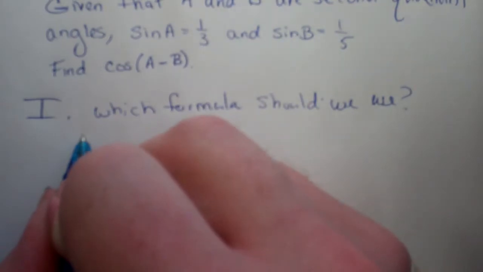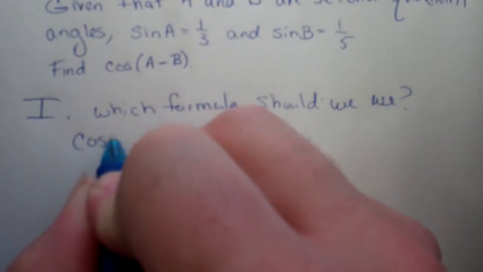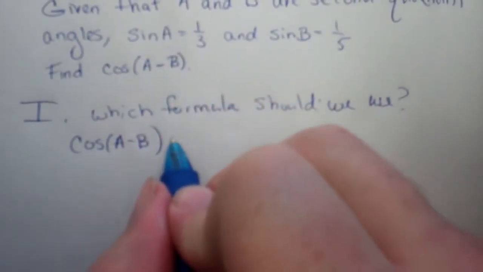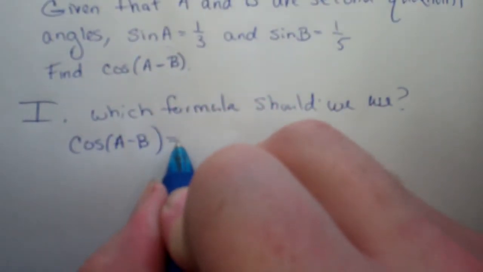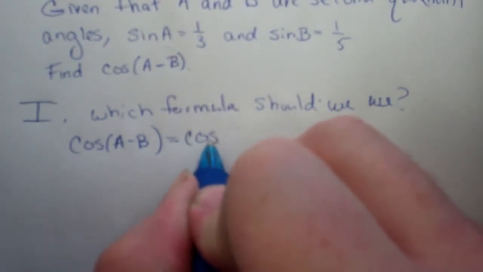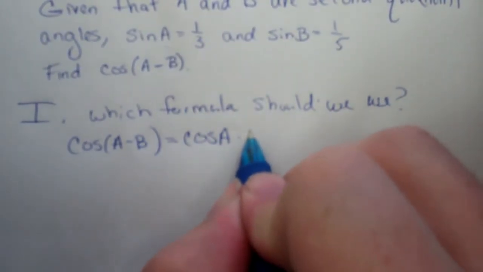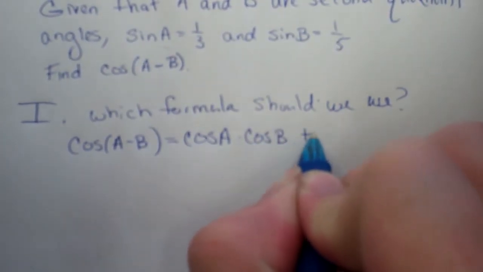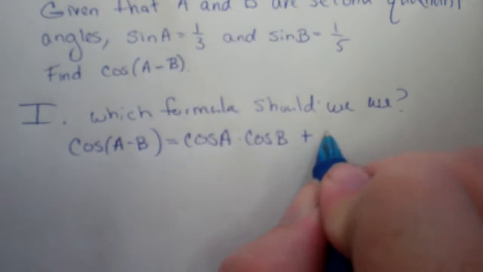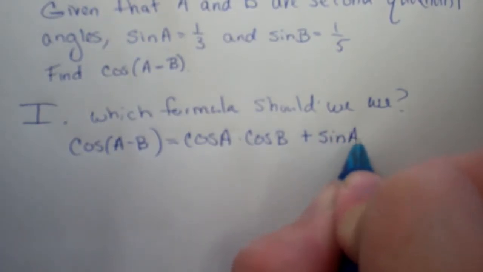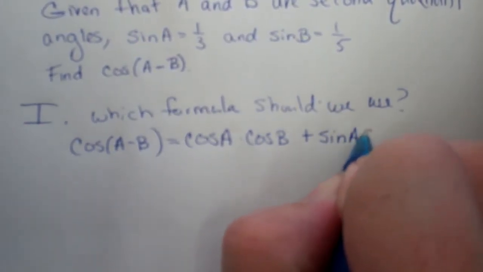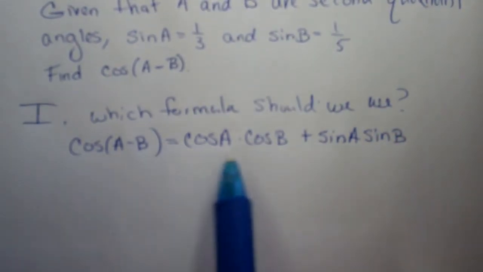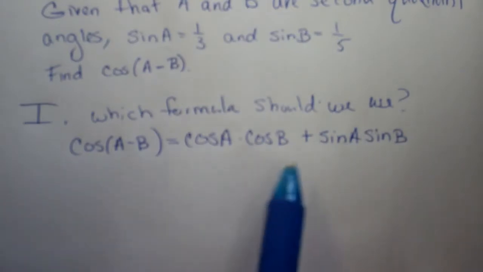So that formula says that the cosine of A minus B, what we want to find, is equal to the cosine of A times the cosine of B plus the sine of A times the sine of B. I did not have this memorized, and you don't have to have it memorized.